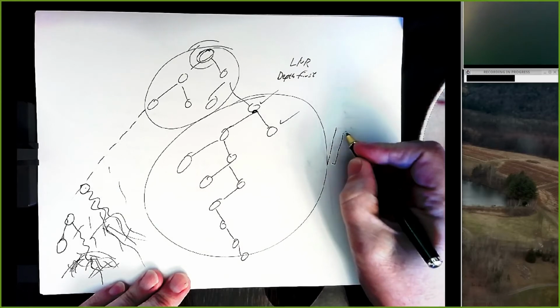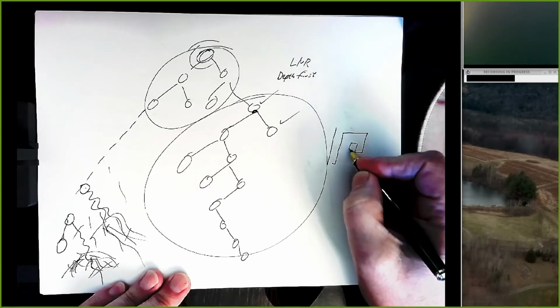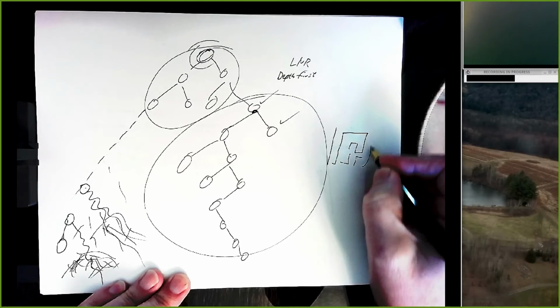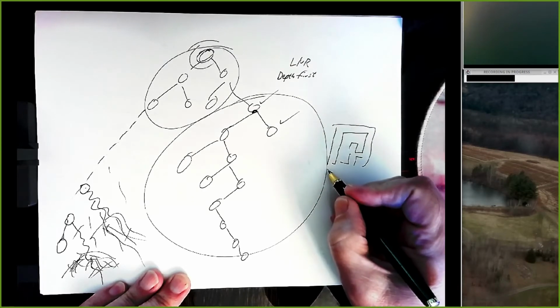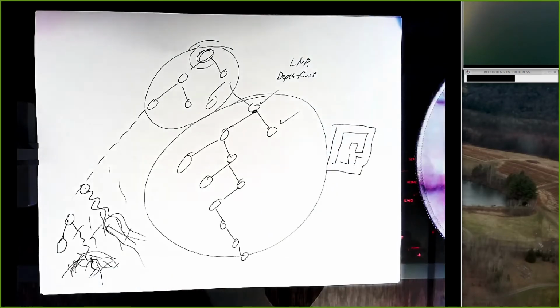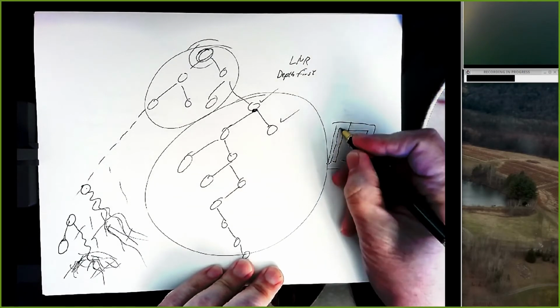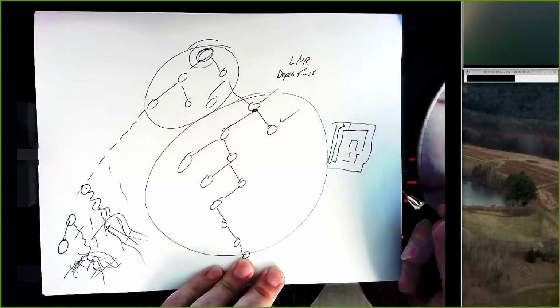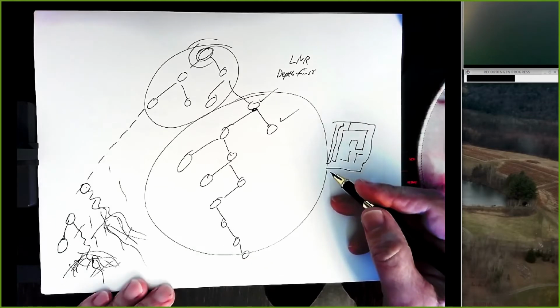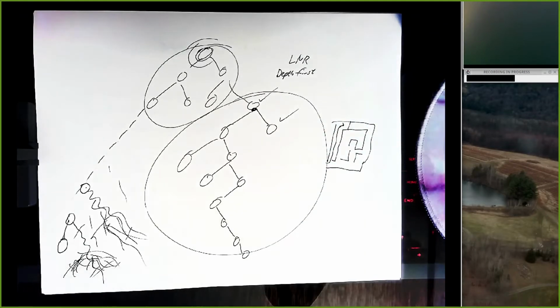So when you're running a maze, I'm going to do a really horrible drawing of a maze here. If you make a turn and you hit a dead end, do you back up to your previous decision point, or do you go all the way back to your first decision point to try something different?